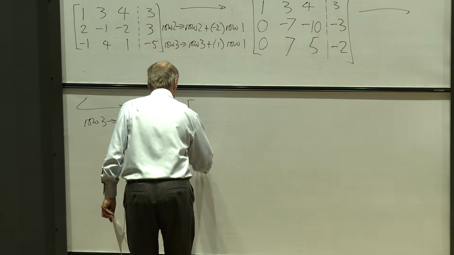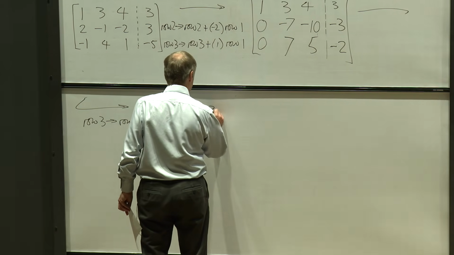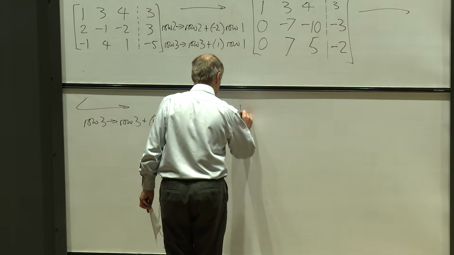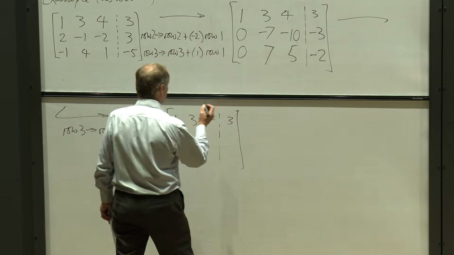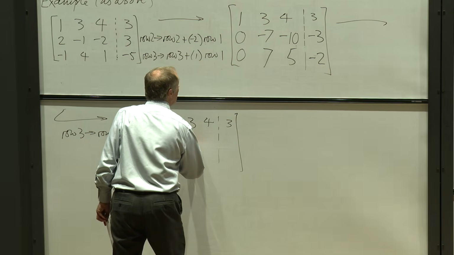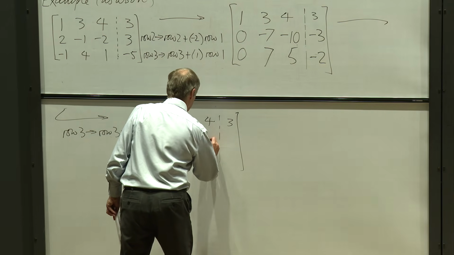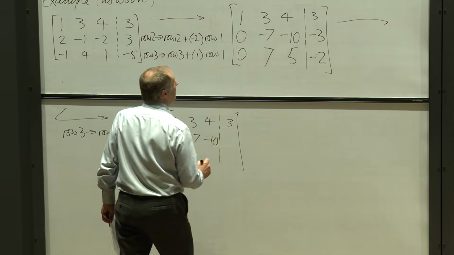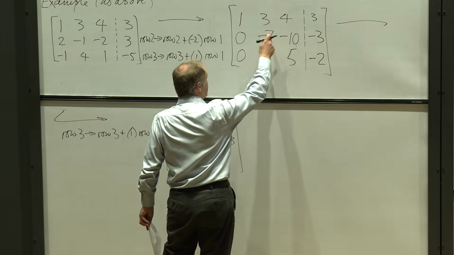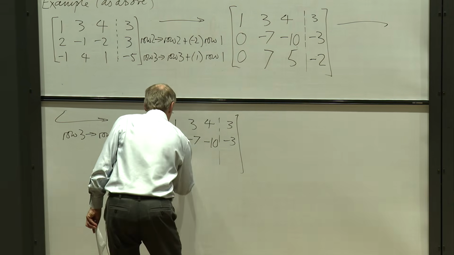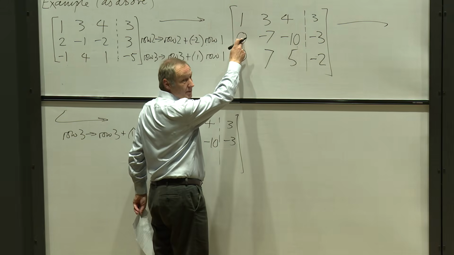And what's that going to give me? Well, the first equations are going to be the same. And now the second equation is not going to change. So this is 0, minus 7, minus 10. And I get minus 3. But now I add this to this to get that, well, fortunately, 0 plus any multiple of 0 is 0.